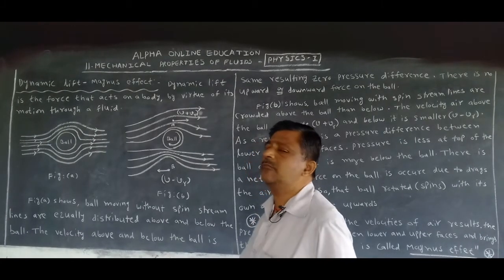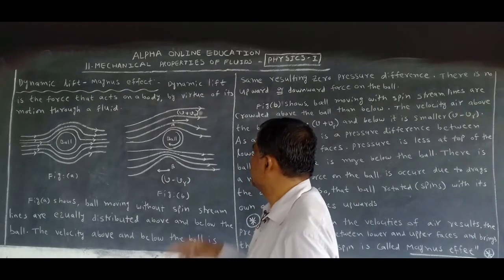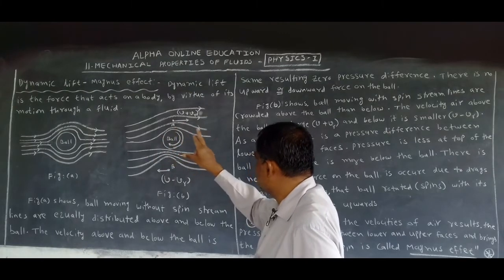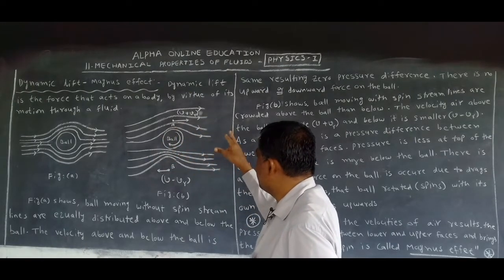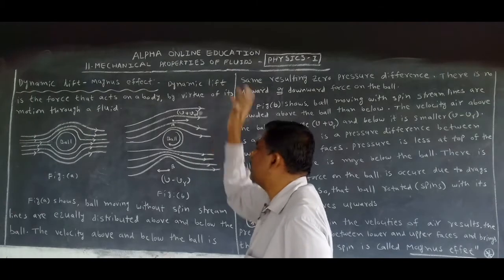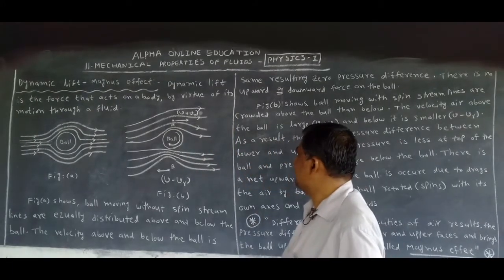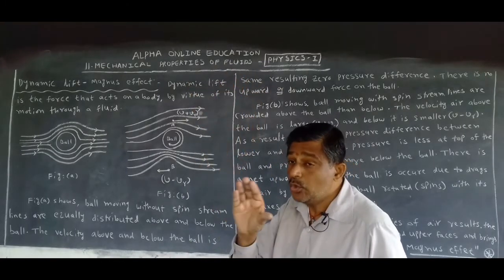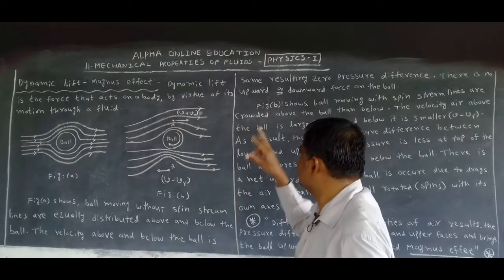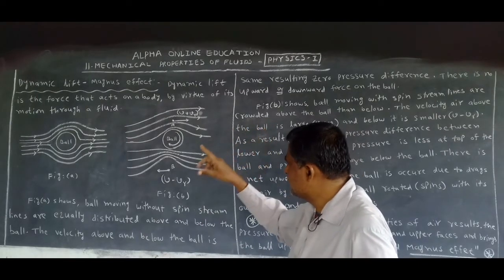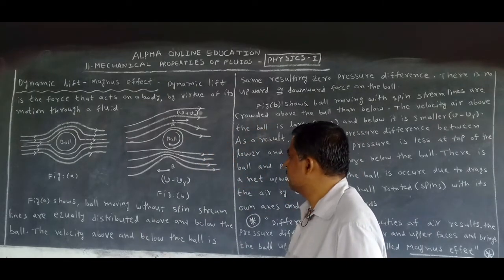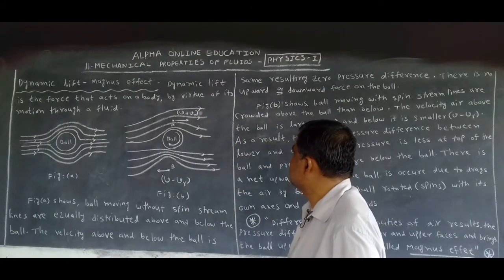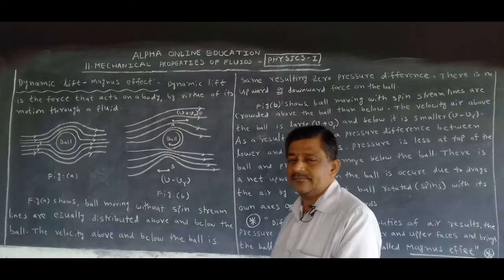Dynamic lift is the force that acts on a body by virtue of its motion through the fluid. What is dynamic lift? Lift, but how is it lifted in motion? Dynamic lift is the force that acts on the body by virtue of its motion through the fluid.